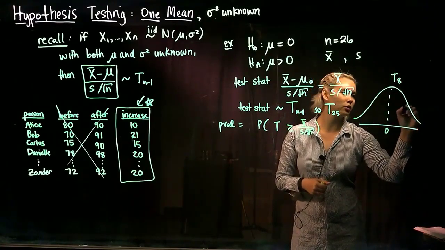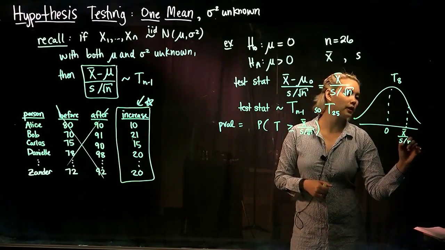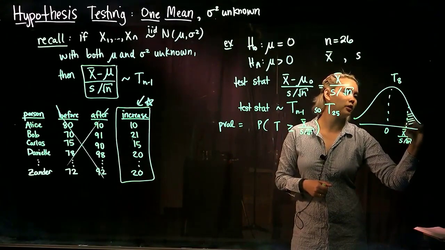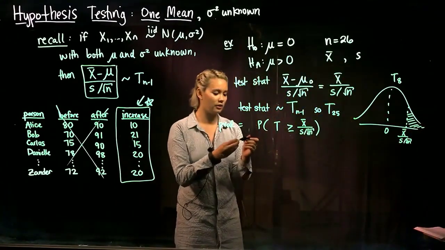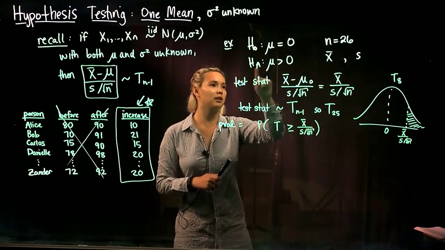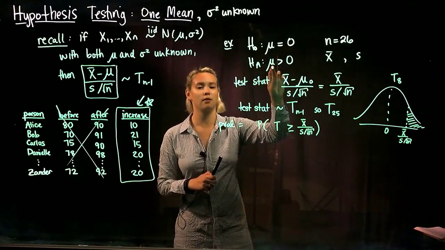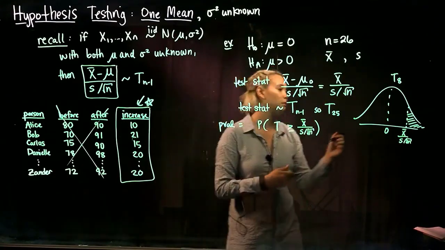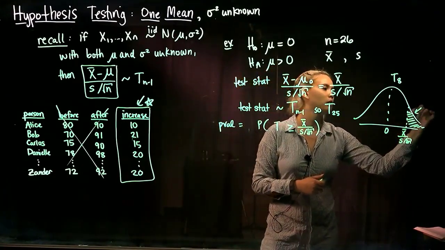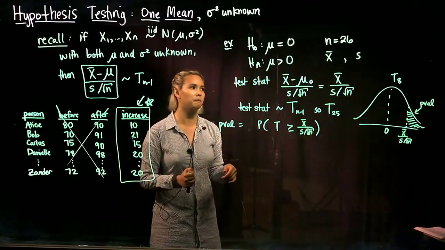We would draw in our particular test statistic, x bar over s over root n. And then our p-value would be that area there. We're just shading the upper area because our alternative hypothesis is mu is greater than 0, so we look at the area above our particular test statistic. There would be our p-value.